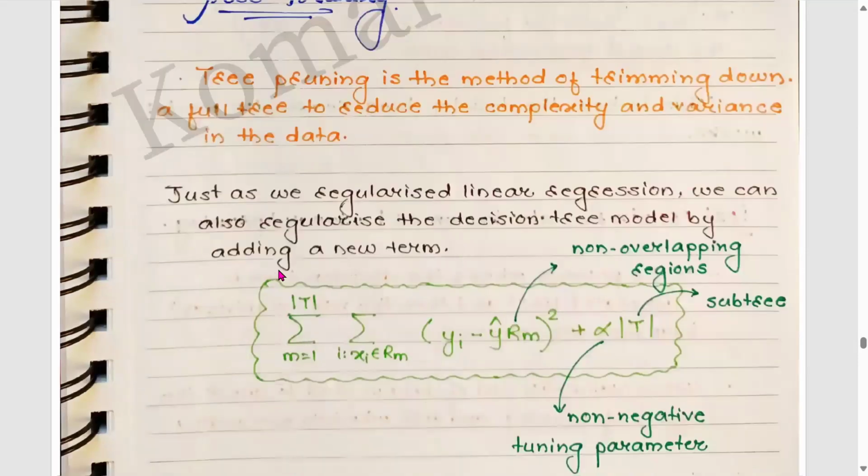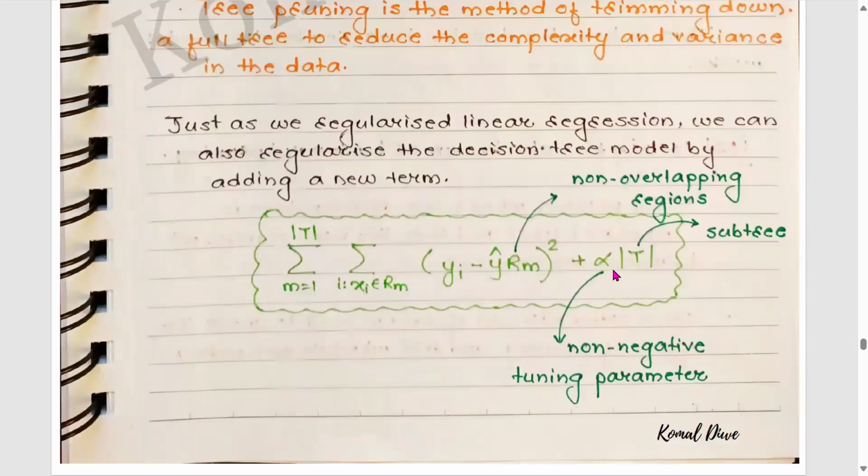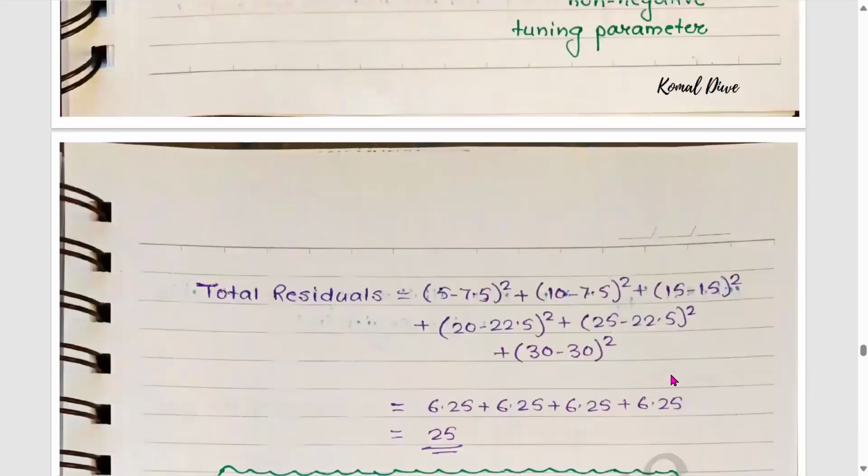This is the equation. This is called the non-overlapping region, this is called the subtree, and alpha is called the non-negative tuning parameter.